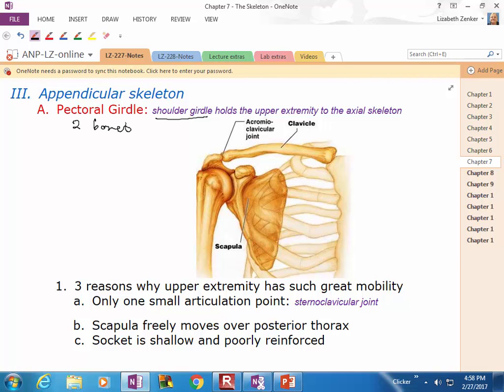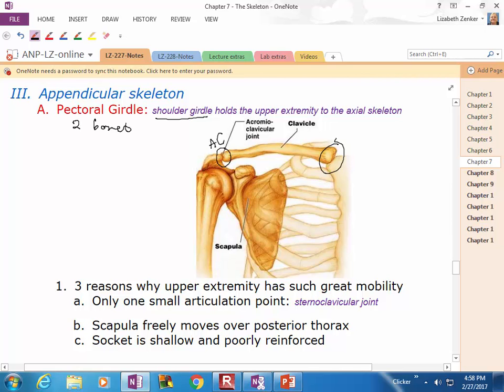And the AC joint right there, that is where you're attaching the clavicle to the scapula, and the only attachment to the actual axial skeleton is the sternoclavicular joint. Sterno for sternum, clavicular for clavicle.